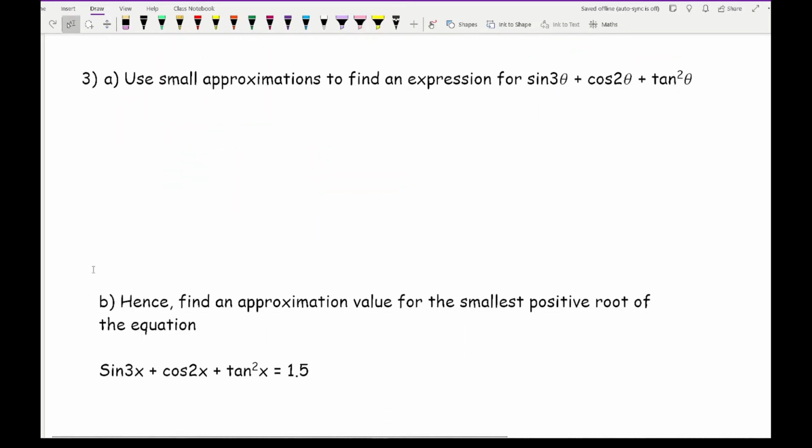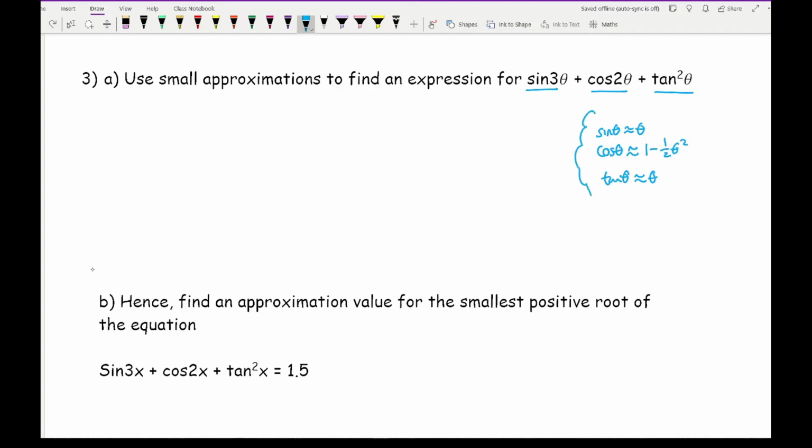Now this question is kind of twofold, but we can do it in a similar way. So again, I need to write down the expression for sin 3 theta plus cos 2 theta plus tan squared theta. Now again, sin theta is just approximately theta, cos theta is approximately 1 minus a half theta squared, and tan theta is approximately just theta.